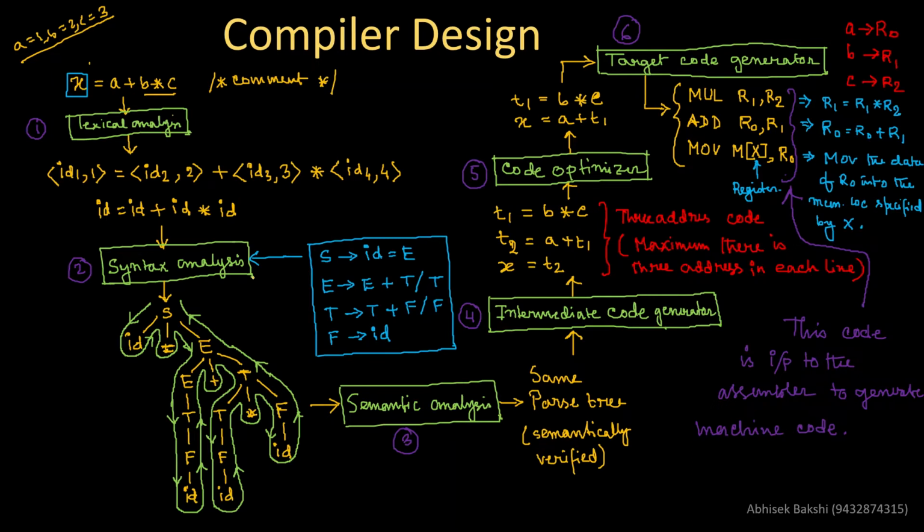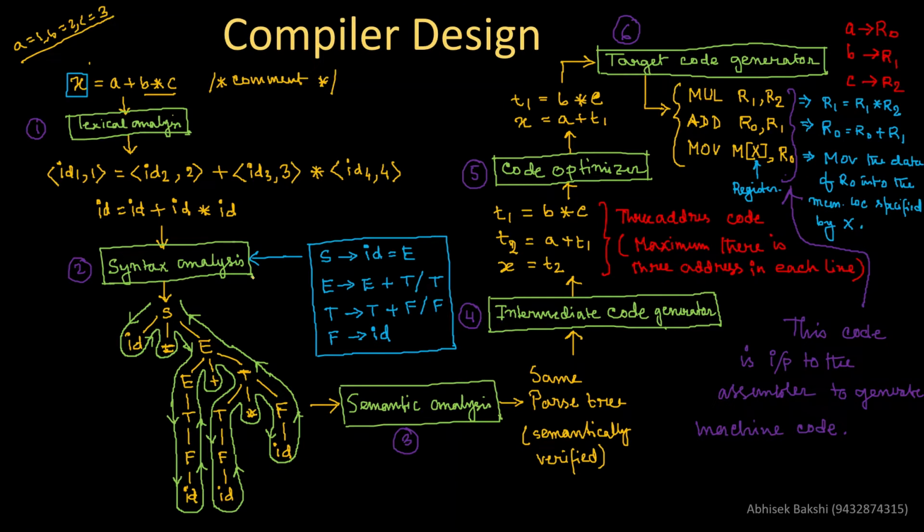And if so, then it will pass the syntax analysis phase. But technically, if I say that the value present in B is an integer, and the value present in C is a character, you will say it's not possible to add. And this checking is done in this semantic analysis phase.